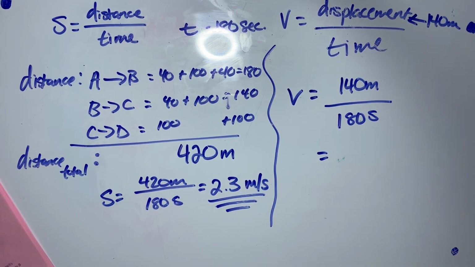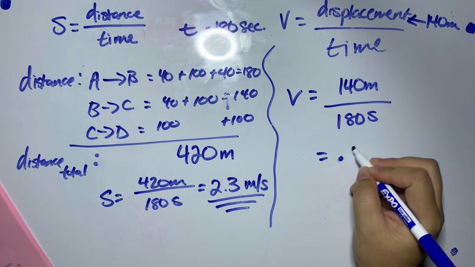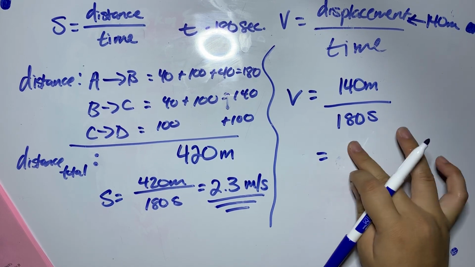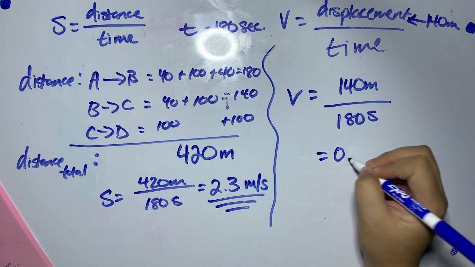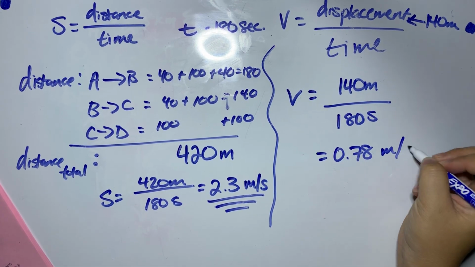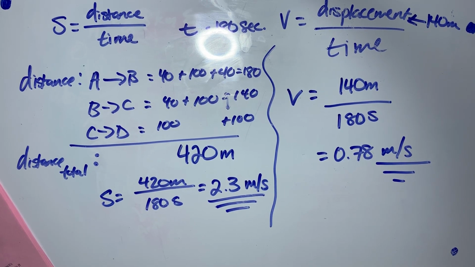So, calculator, 140 divided by 180, 0.0, oh sorry, not 0.0, I'm reading it all wrong. Okay, 0.78, I'm gonna round it up, meters per second. Like I said, don't forget your units. If you ever forget your units, I am gonna count it wrong, or I might take off a lot of points. Make sure you have it, okay?